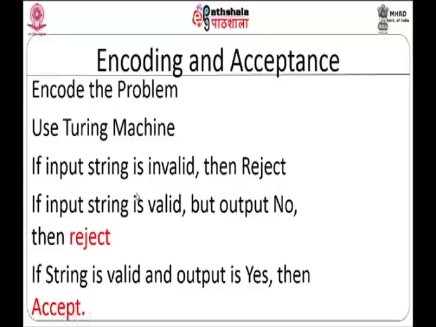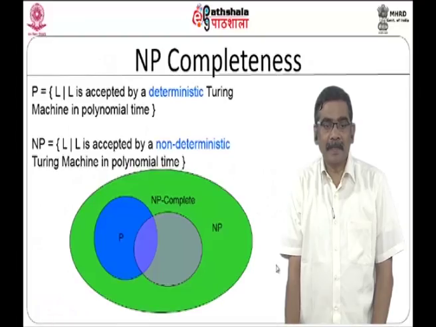If the string is valid, but the output is no, then again we are going to reject. On the other hand, if the string is valid and the output is yes, then we are going to accept. In other words, the problem is solvable by the Turing machine.